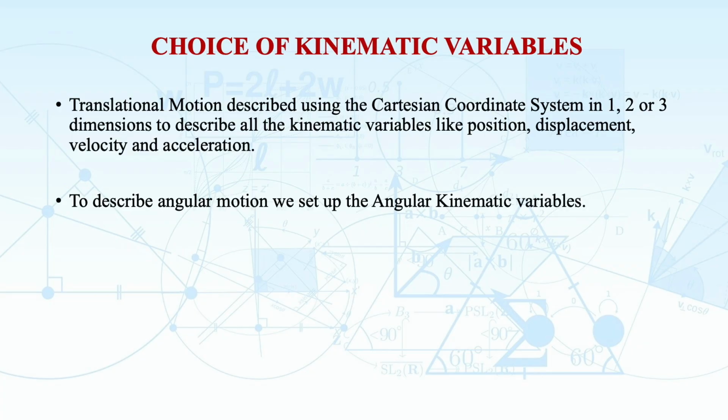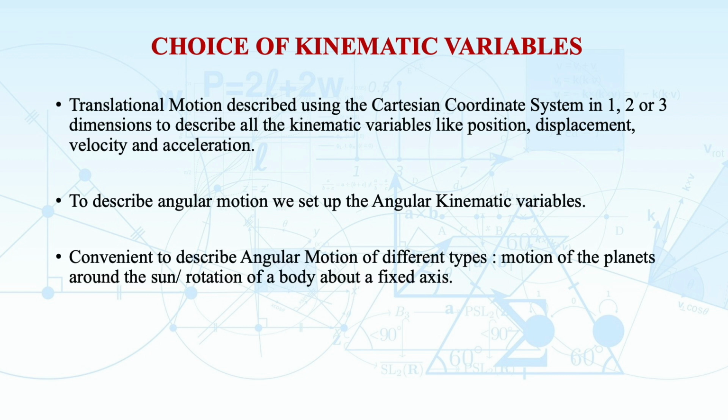The reason we do that will become clear as you study the rest of this unit. However, at this point, I will just say that when we describe angular motion, it becomes convenient to use a set of kinematic variables that are different from those you have used when studying translational motion. These are the variables we are going to use to study the motion of planets around the sun and the rotation of a body about a fixed axis.